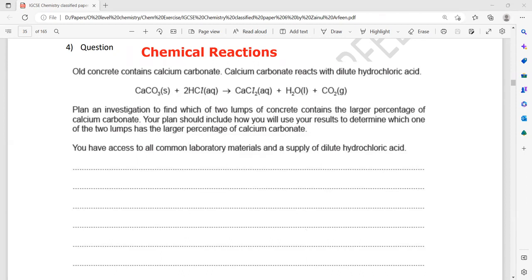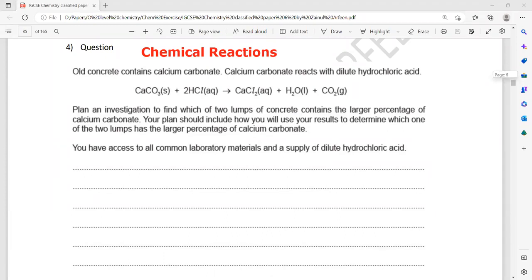So here we have to plan an experiment to find the percentage of calcium carbonate in the concrete, the one containing the larger percentage. Whenever such a question is there, you have to write the formula as well, like how it can be done. The formula should be there.